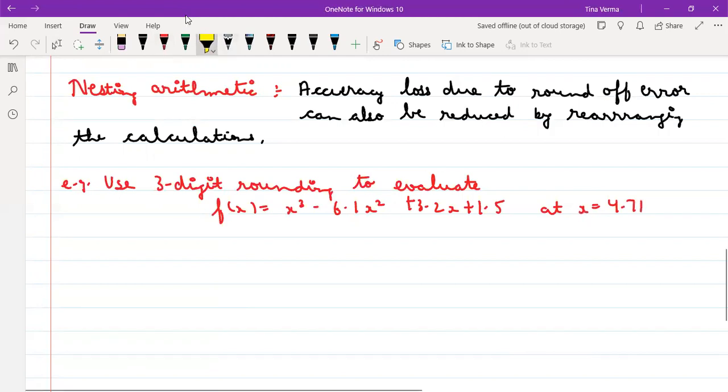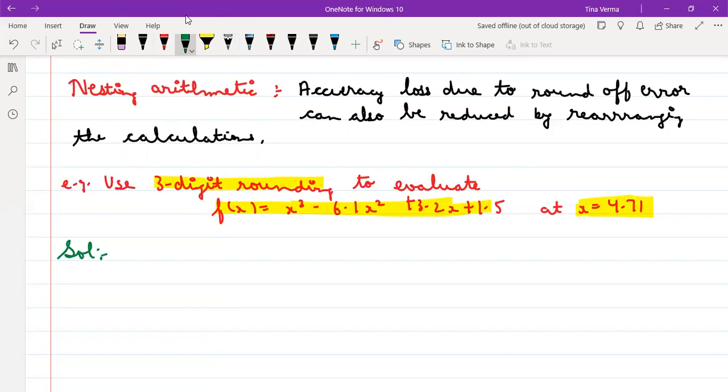So the question is that we have to use 3 digit rounding, and this is the function we have to evaluate at this point. So I am writing here what we need to calculate.